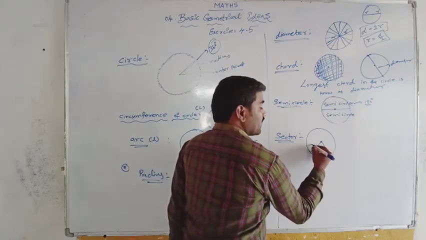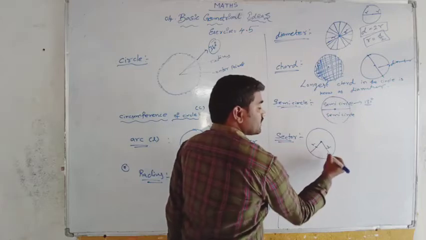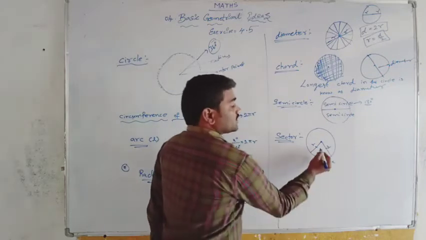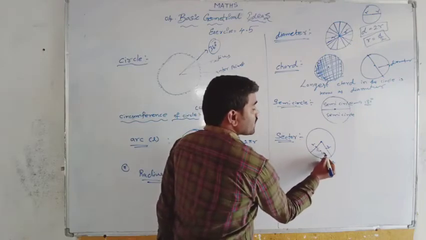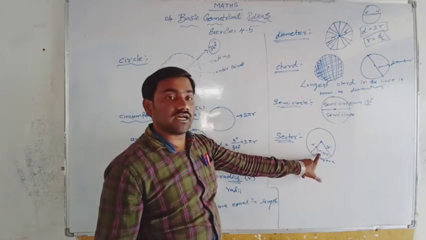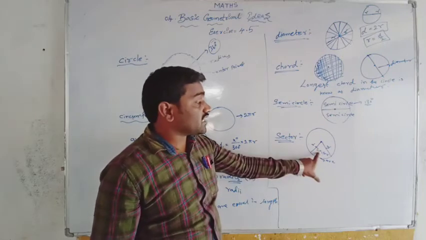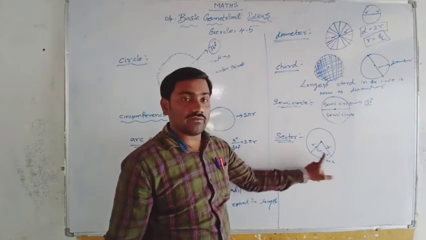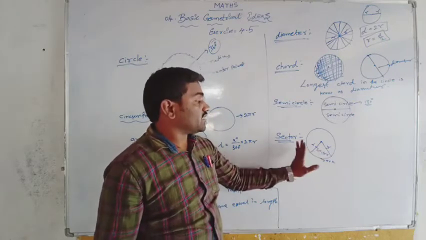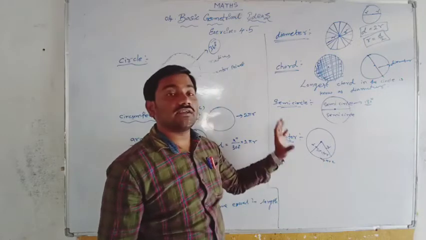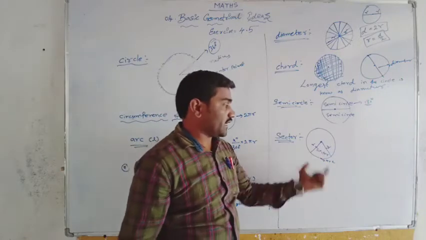Here there is one radius, here another radius, and this is an arc. So this part is known as a sector. A sector is made up of two radii and an arc.